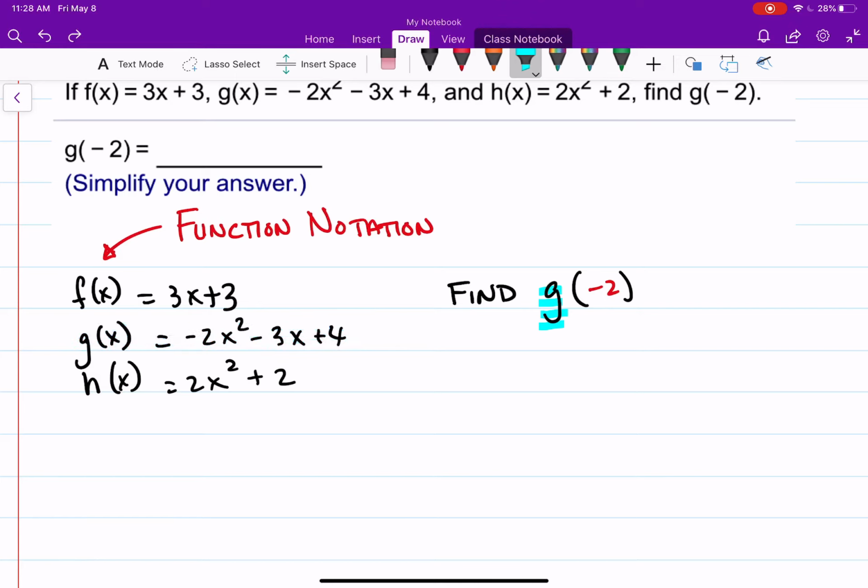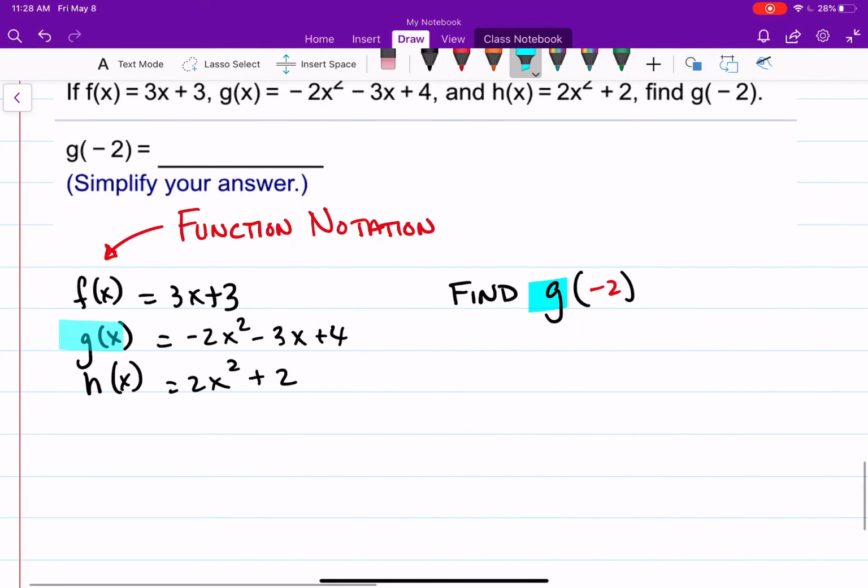So let's see here. Let's use this a little bigger. So the g here is looking for the g function. That is the function I use. I don't use the f or the h. That is the equation it's calling for, okay?